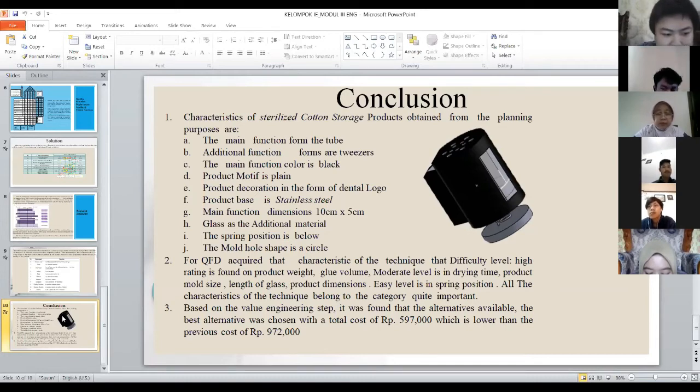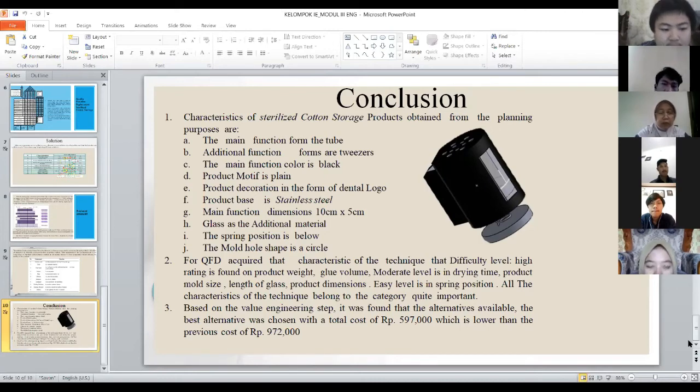Okay, miss, can I answer it? Please. Actually, in the product we use some logos, such as dental logos, that will be the motif of the product. So it will hide the black color of the product.